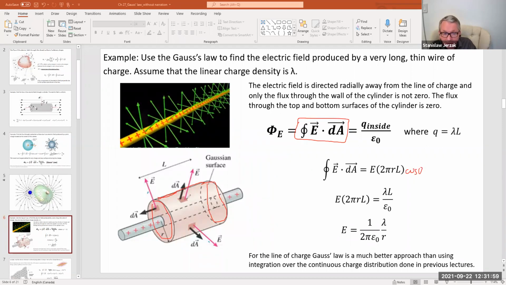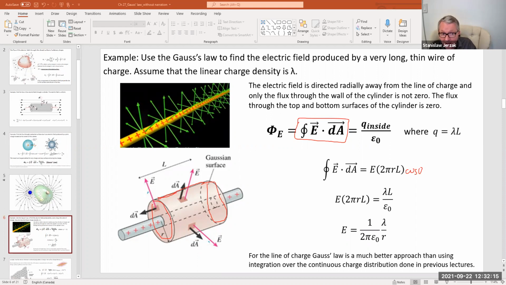At any point on that side surface, the electric field is parallel to the area vector, so the angle is 0, and cosine of 0 is 1. So the flux through the entire surface is 2 pi r L times E times cosine 0.